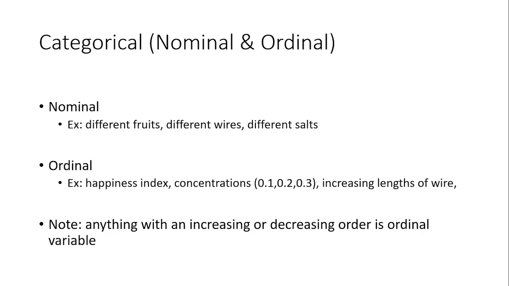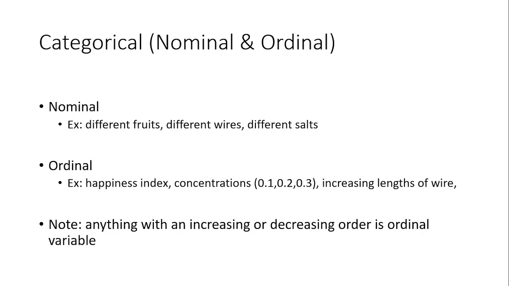That changes according to the test. And you can have your concentrations 0.1, 0.2, 0.3. You would expect these to be continuous variables, but since they are increasing, and ordinal ones are either increasing or decreasing, you can count them as ordinal variables as well.